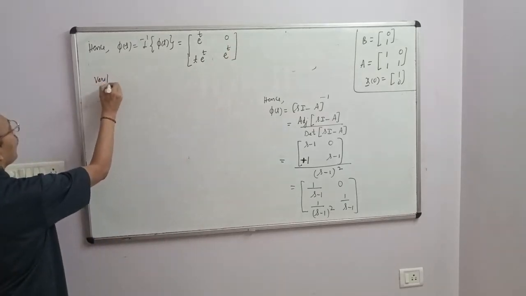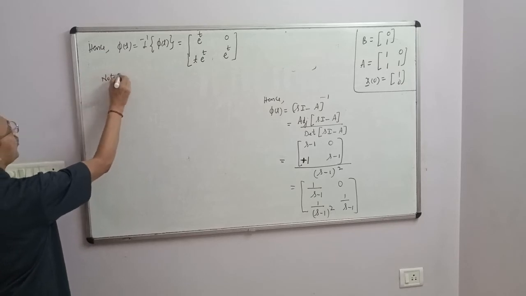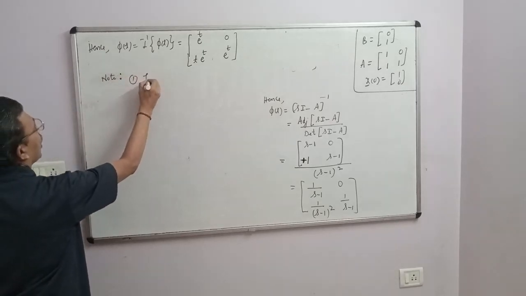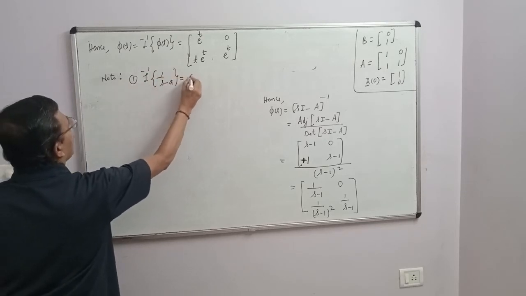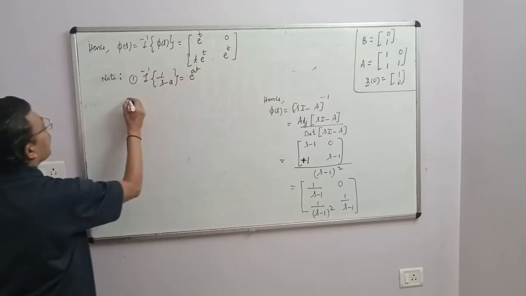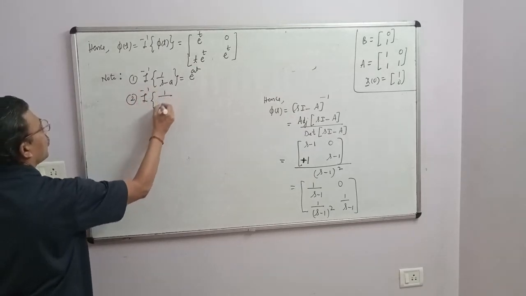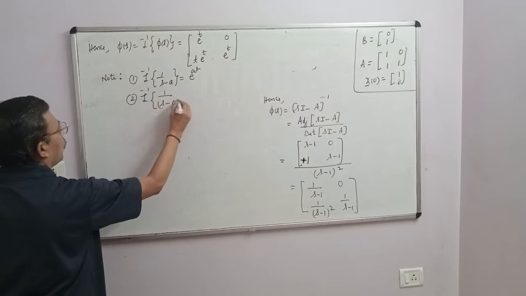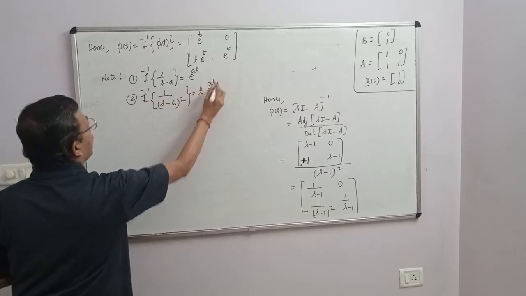Verification. Before verification, please note: Laplace inverse of 1 over s minus a equals e to the power at. Second, Laplace inverse of 1 over (s minus a) whole square equals t into e to the power at.